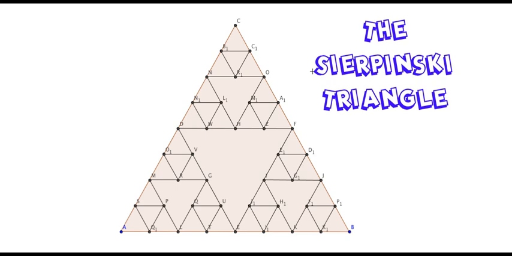The Sierpinski triangle is one of my favorite fractals because it's really easy to see the pattern and how one subportion of the triangle is identical to the other portions. The Sierpinski triangle was discovered by the Polish mathematician Wacław Sierpinski in 1915 and has appeared in Italian art from the 13th century.